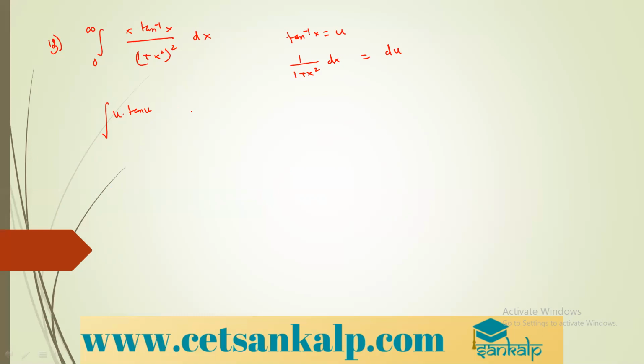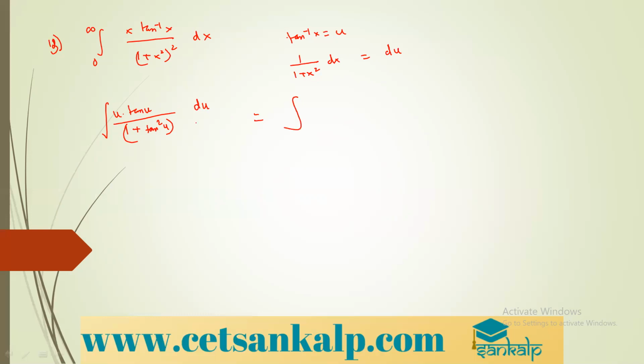1 by 1 plus x square dx. So that I can write 1 plus x square as tan square u... whereas the other one with dx, I can write it as du.